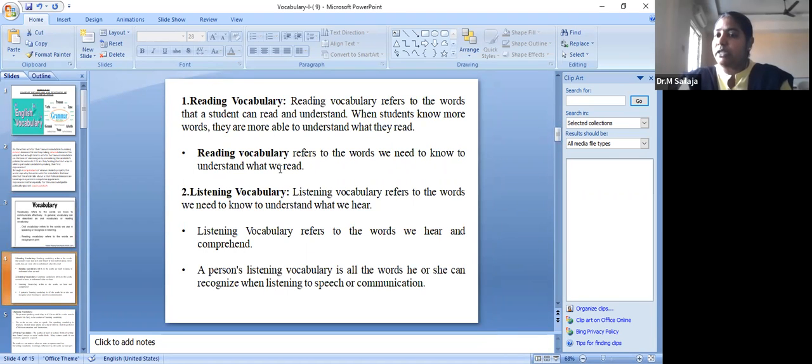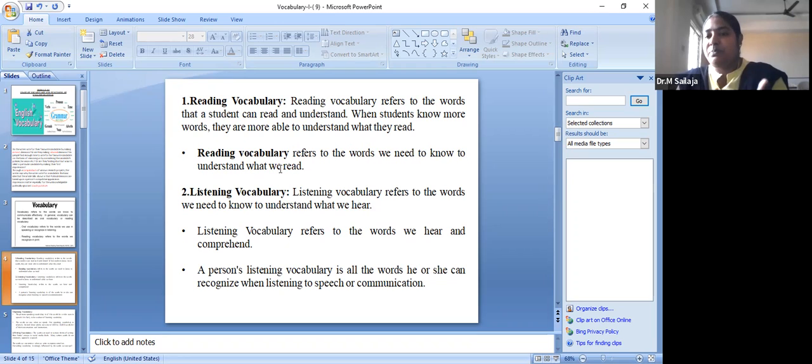Reading vocabulary. I just gave a live example. Whenever we read a text, new words will trouble us. They trouble us in moving forward and in understanding the whole meaning of the content. In summarization, we are unable to find the main theme.